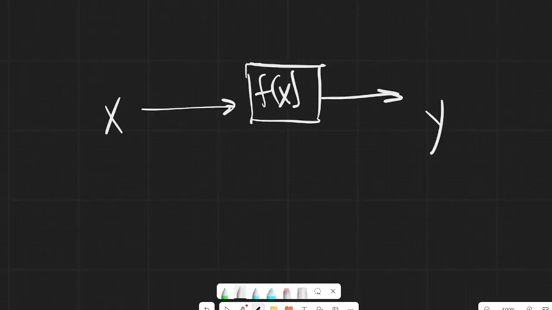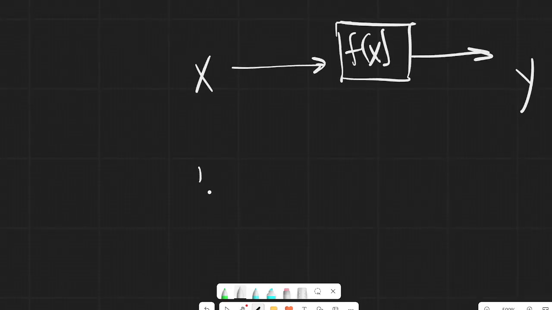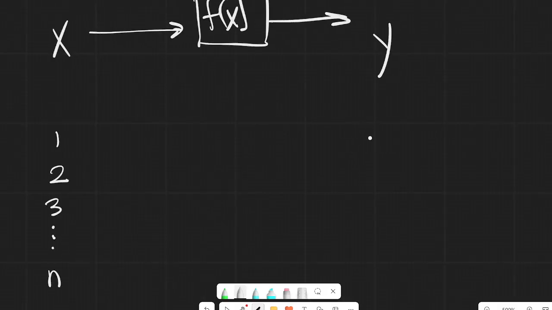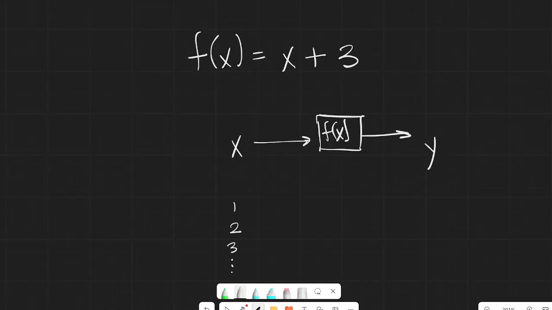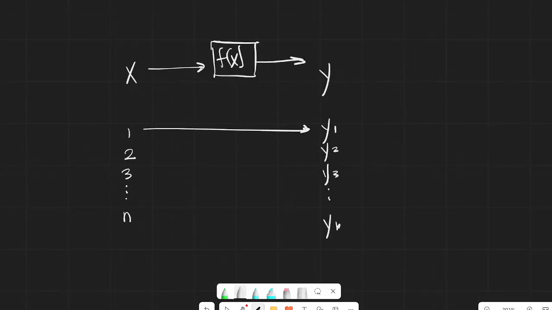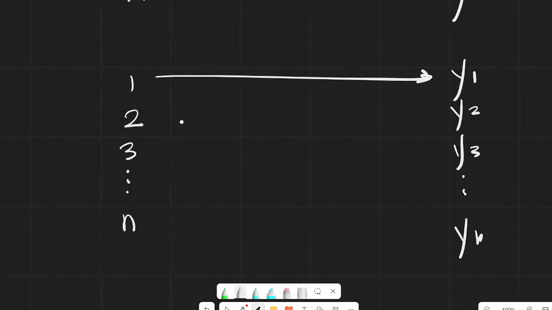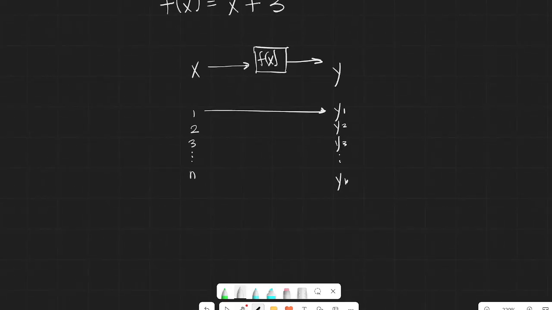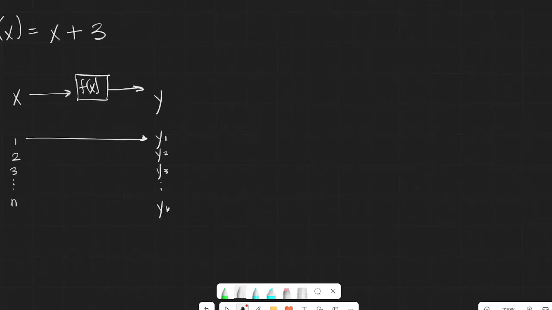In this case, we can think of x as being some numbers 1, 2, 3, etc. And as those values are pushed through this machine, they end up as some values like y1, y2, y3, corresponding to their input. So the function is a machine that takes an input and transforms it into an output.